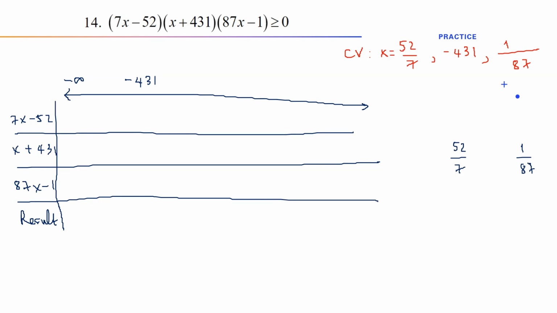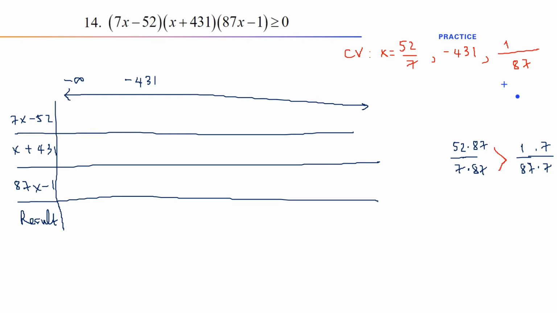So now we can use the common denominator. So I multiply by 87, multiply by 87, and then I multiply this one by 7. So you see that now we have the same denominator. The one with the bigger numerator will be bigger, right? So this one, the two big numbers multiplied, of course, is greater than 7. So it means 52 over 7 is greater than 1 over 87.